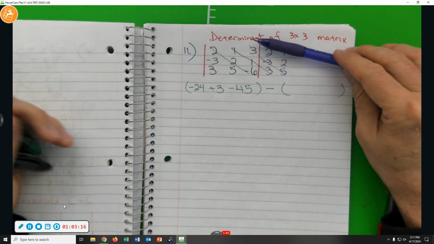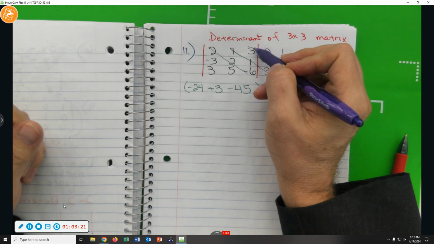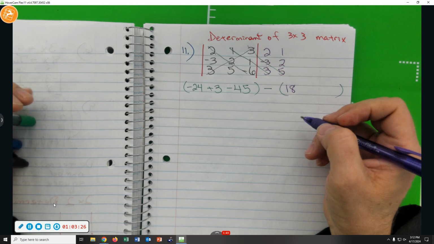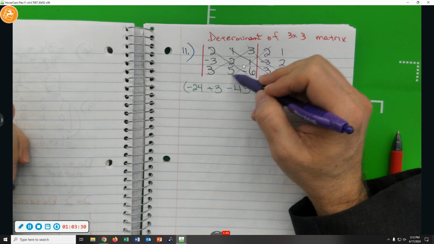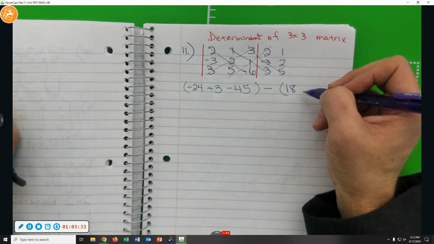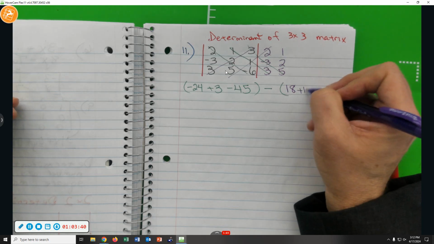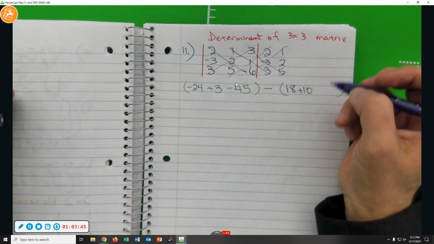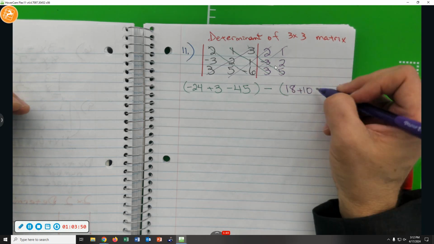Now you're going to have 3 diagonals falling from right to left. 3 times 2 times 3 is 18. 2 times 1 times 5 is 10. 1 times negative 3 times negative 6 is positive 18.